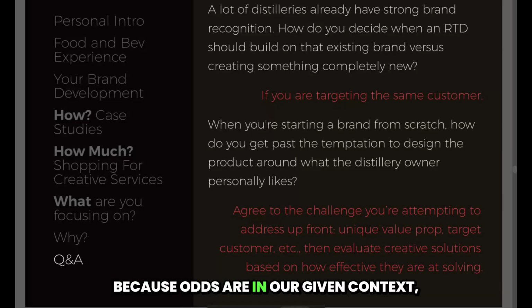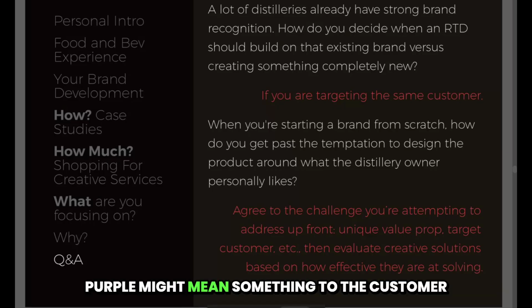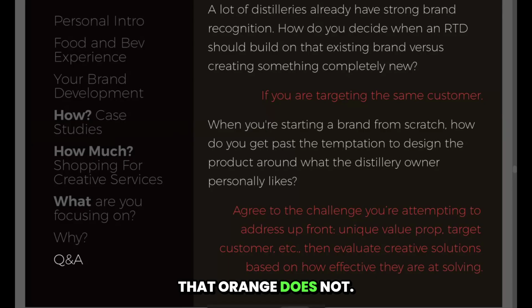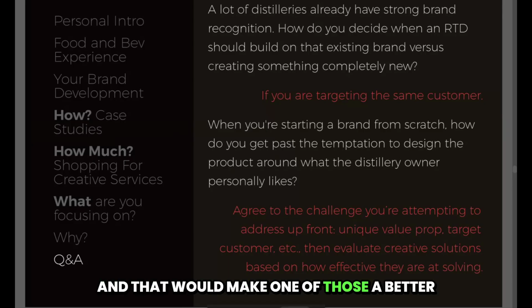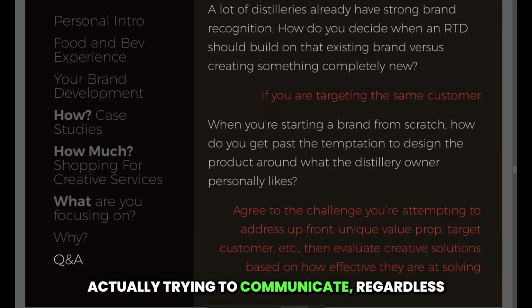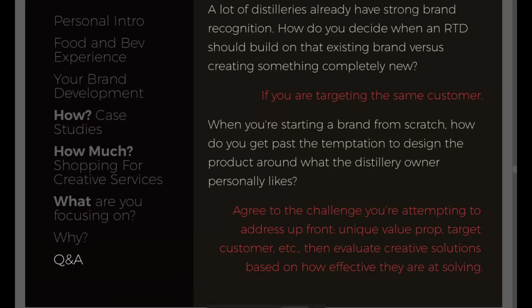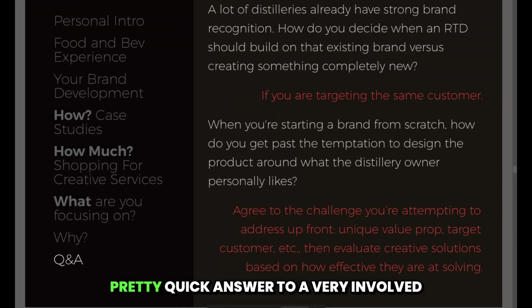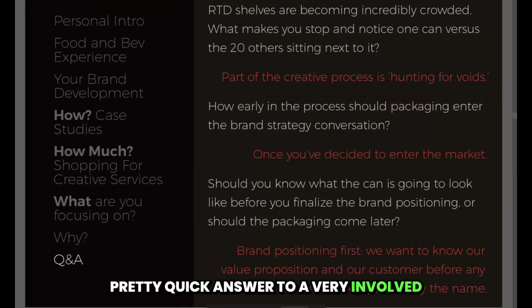Because odds are, in our given context, purple might mean something to the customer that orange does not. And that would make one of those a better decision than the other based on what we're actually trying to communicate, regardless of whether I happen to like purple or like orange. So that's a pretty quick answer to a very involved question.